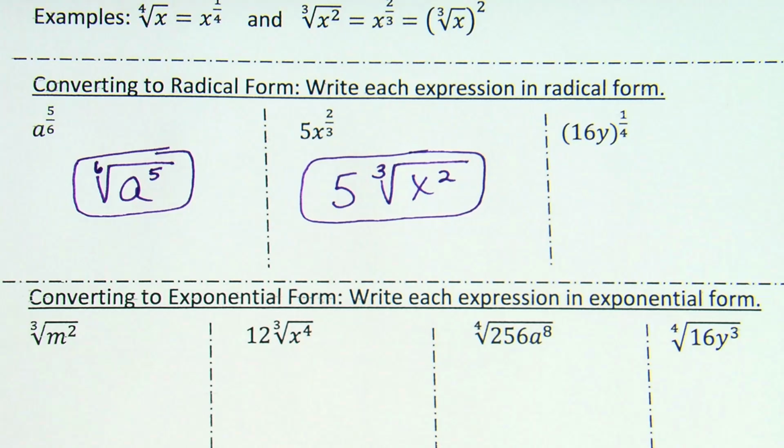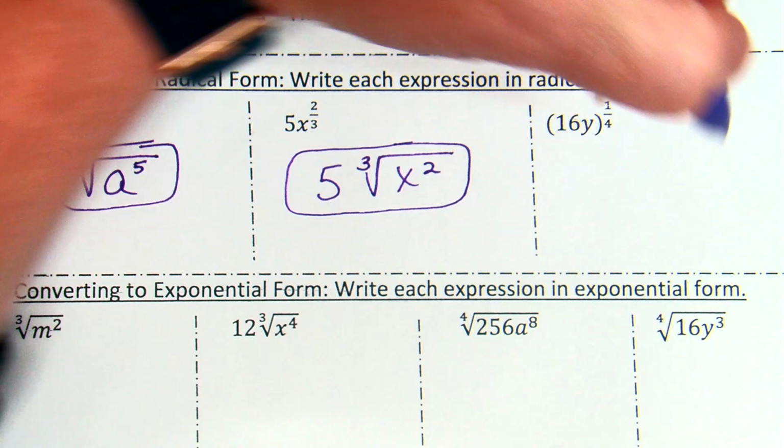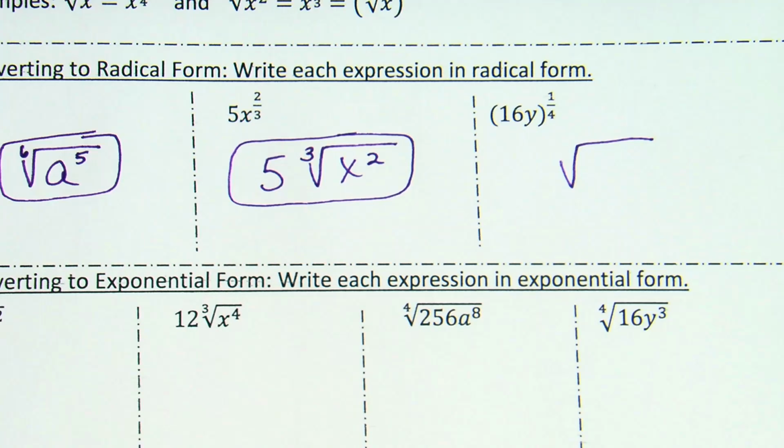16y raised to the 1/4. Okay. So here's my radical. What goes under my radical? The y. Is it 16y? It's all in parentheses, right?